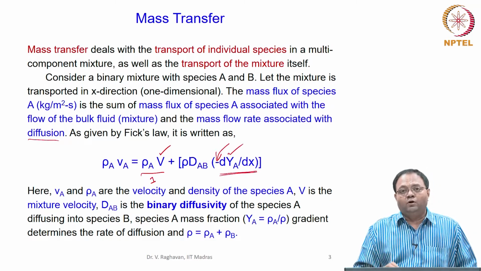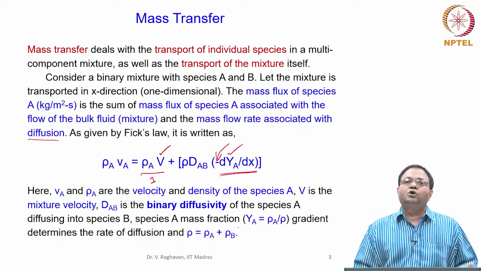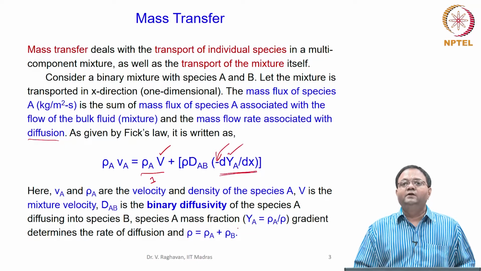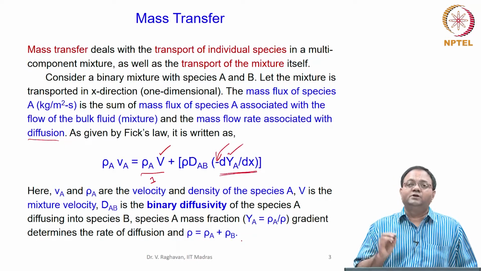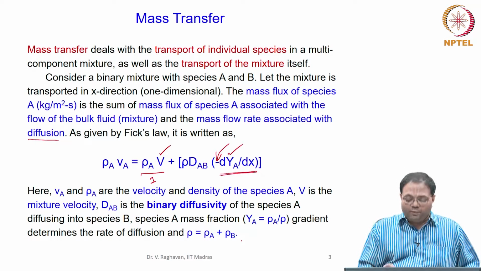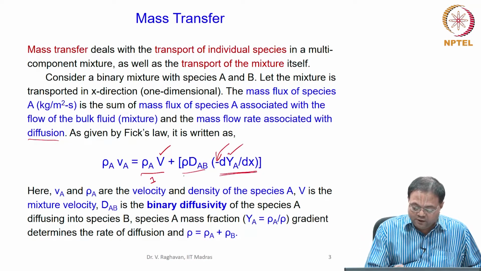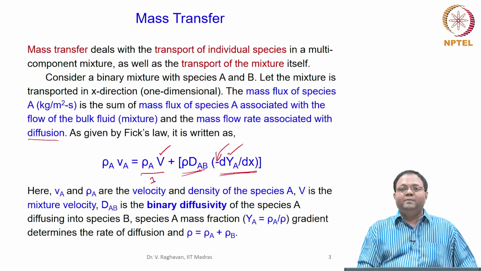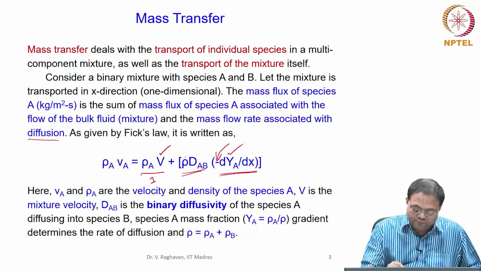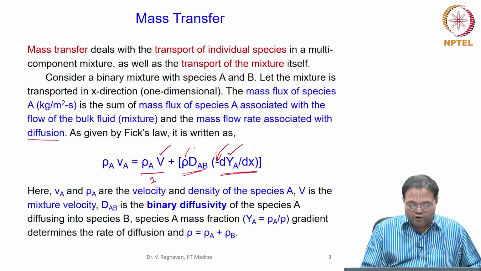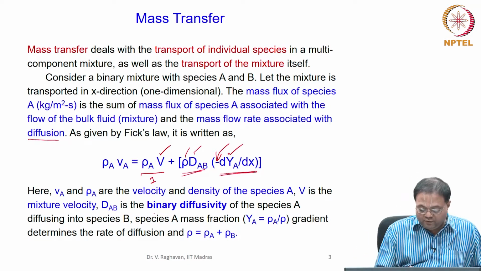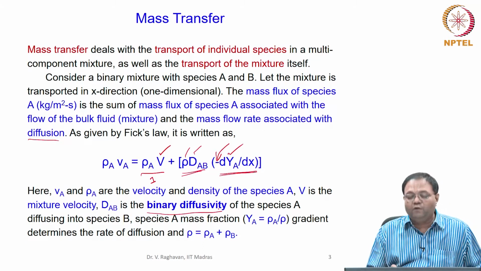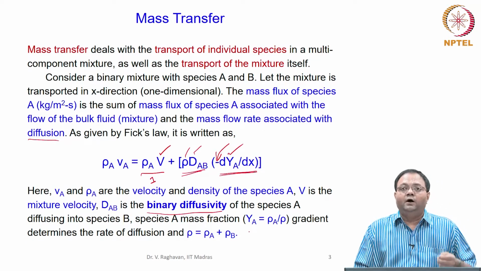So, the diffusion is proportional to the concentration gradient, like the heat conduction is proportional to the temperature gradient. The constant of proportionality is nothing but rho times DAB. Rho is the density of the mixture, and DAB is the binary diffusivity of the mixture. It is a very important property.